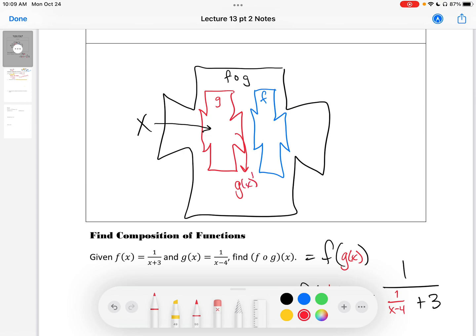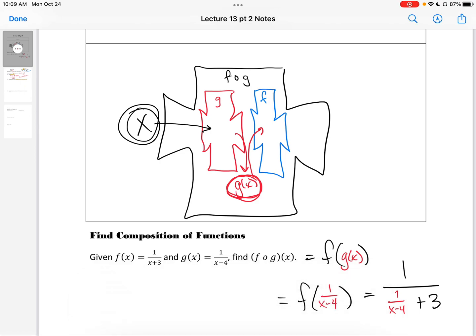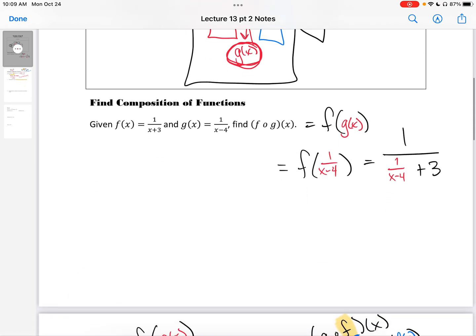And then that g of x output is going to get plugged into your f. So on the first one, I was concerned about what x value is going into my g. Now I'm concerned about what g of x value is going to go into my f. So I need to look at this immediately after I plug it in.